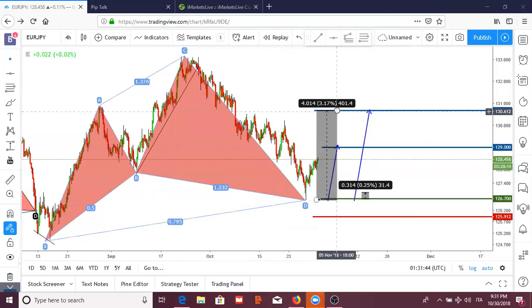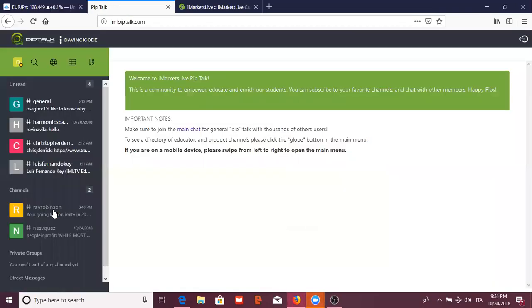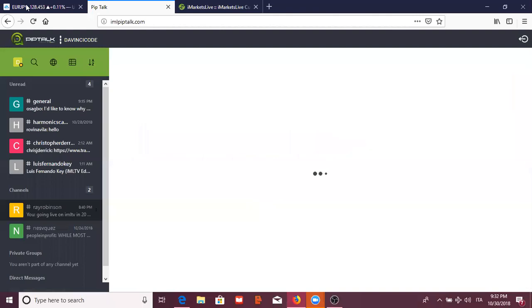So right now, I got in this trade right here, Euro JPY. For those of you who don't believe me, I'll show you. I sent this trade out last week, and I am currently up.